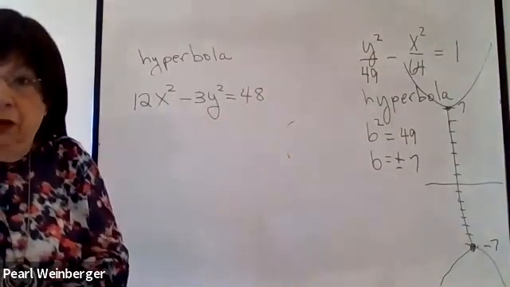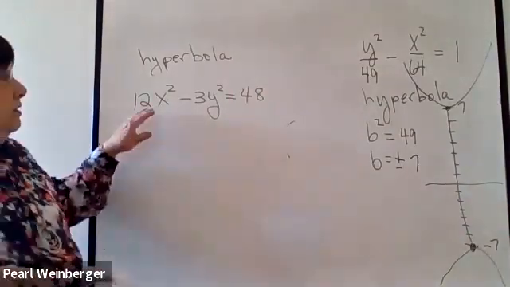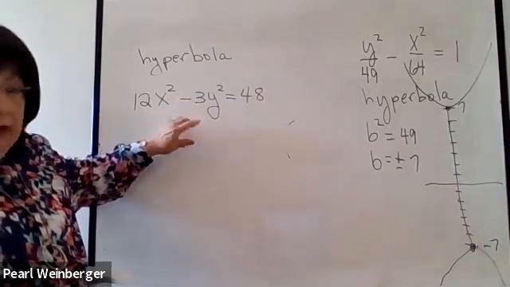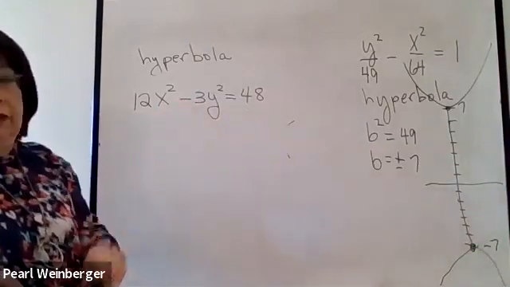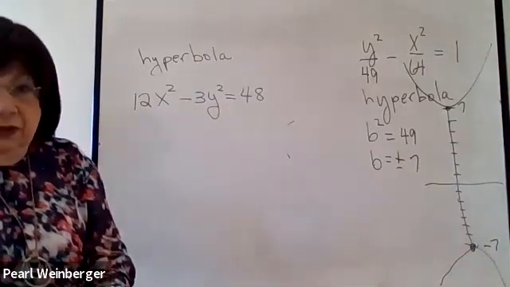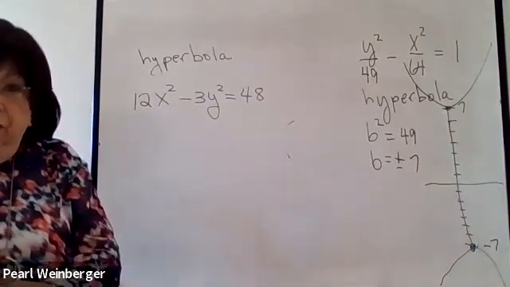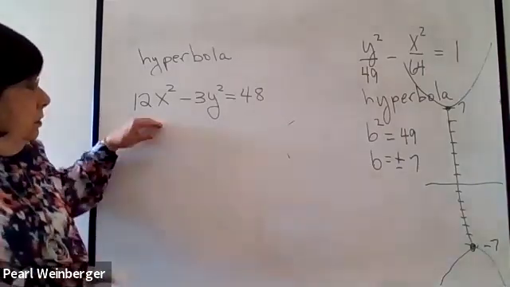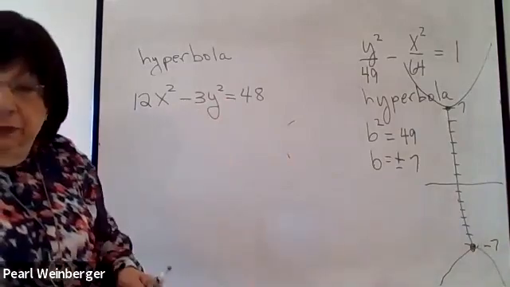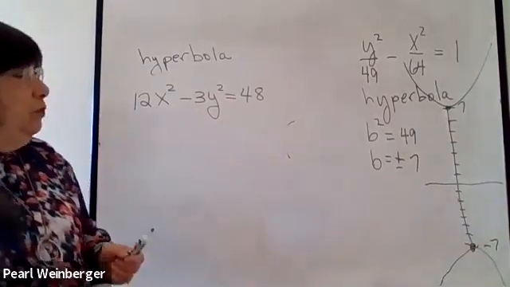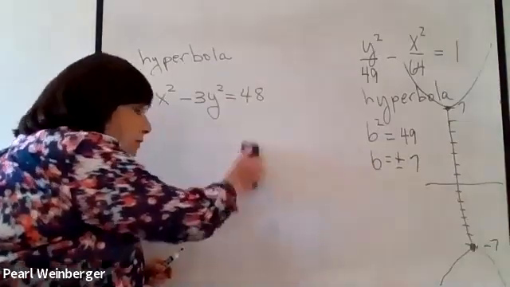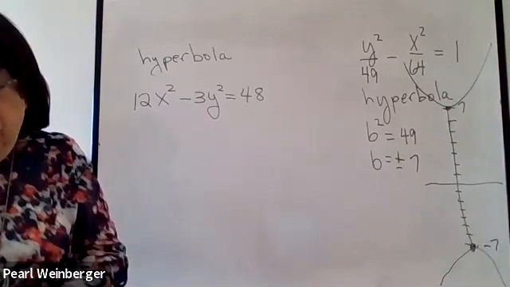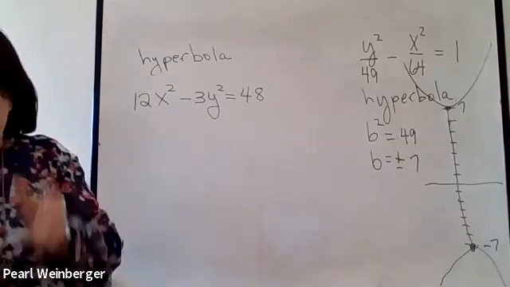I know it's a hyperbola because I see an x squared and a y squared term, but between the x squared and the y squared there's a minus. I want you to put this into standard form, the same way you did it for the ellipse, and then see if you can do a sketch of this graph. I want to know what the intercepts are and what the graph looks like. I'm going to give you a couple of minutes.